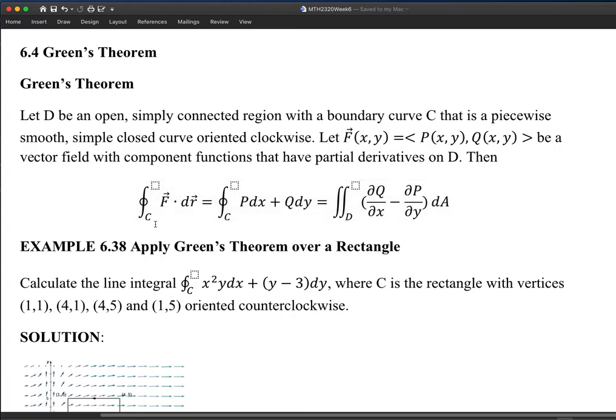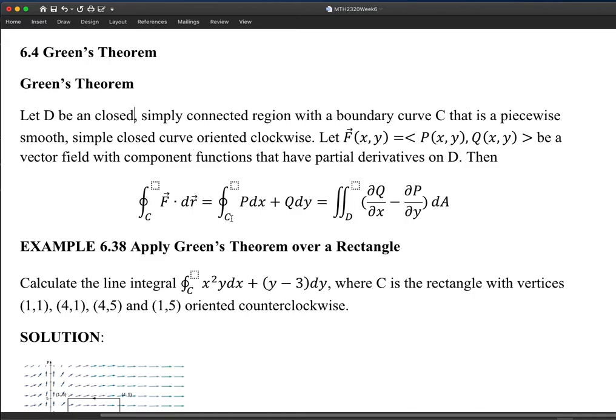So this is in general the so-called Green's theorem. D must be a closed, simply connected region.